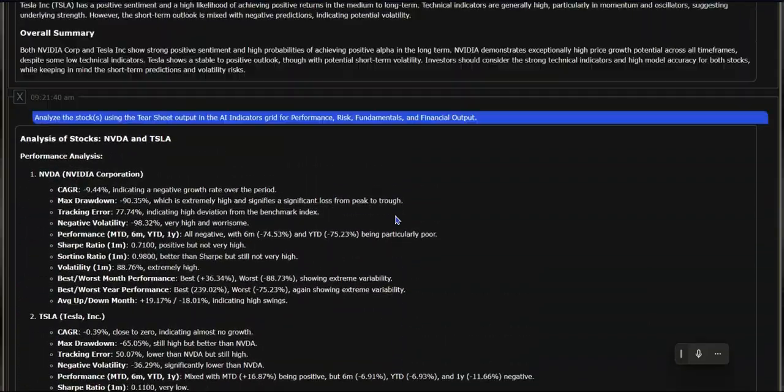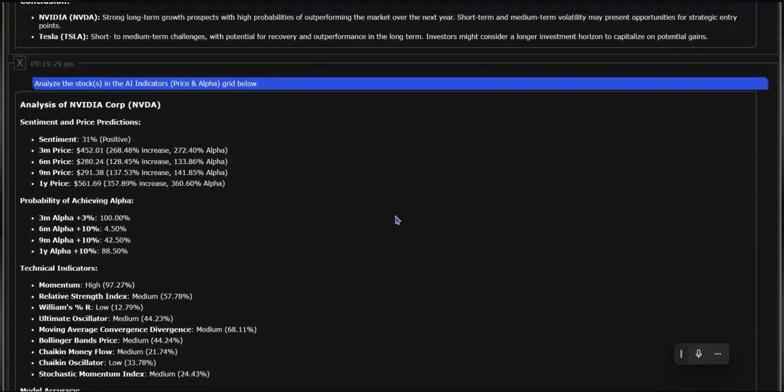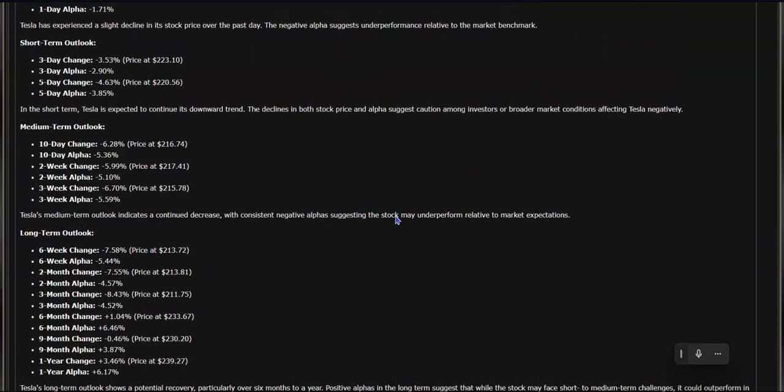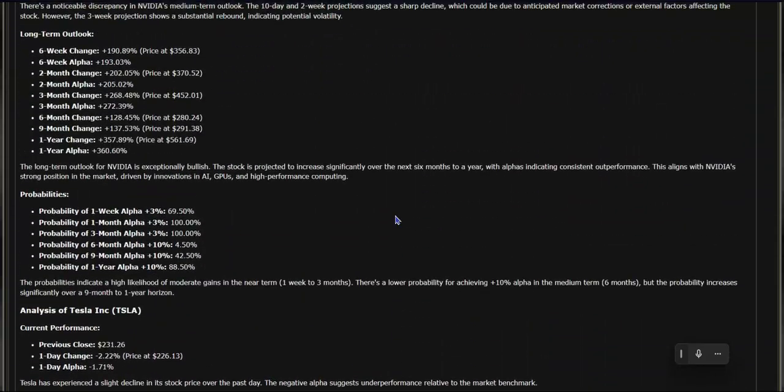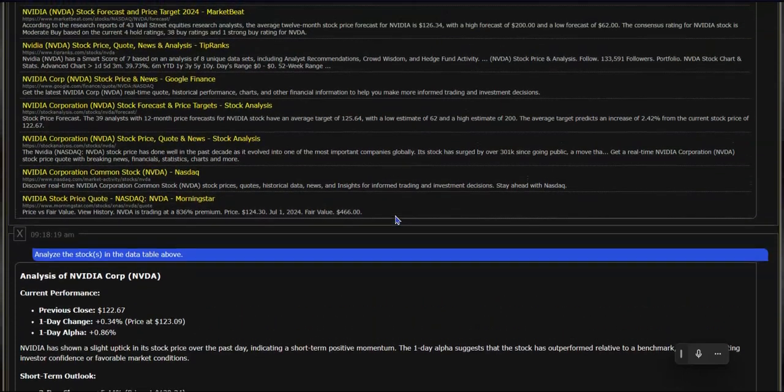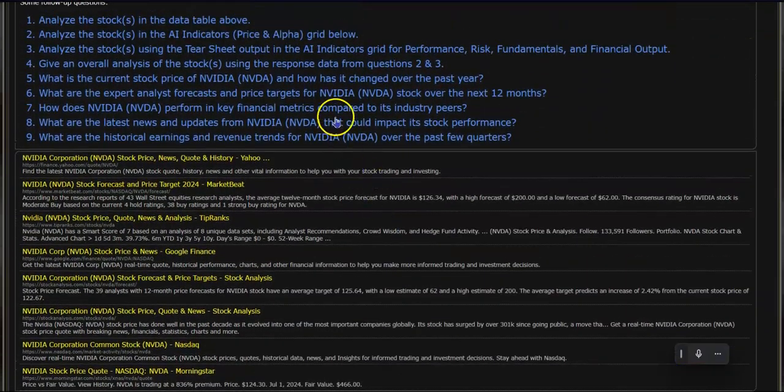Now we go up to the next prompt, and this prompt will combine both the AI machine learning outputs with the performance and fundamental and financial outputs to give an overall analysis.